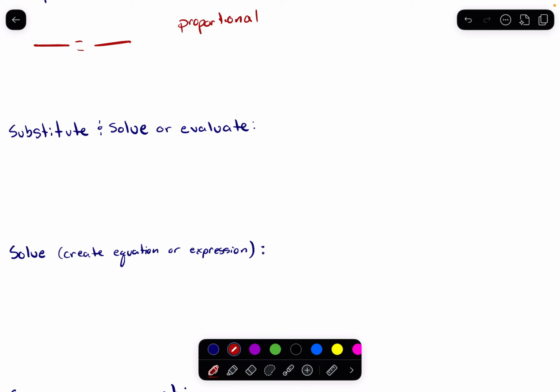One of my favorite ACT questions, because it's so easy, but everyone skips them because the story problem might look long. But it will give you a formula with one letter in it. And then it will give you a value for that letter, but it won't say the letter. It'll say something like H is the height of a baseball. And then it gives you this big long paragraph.